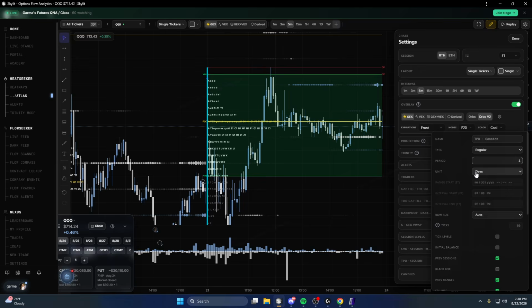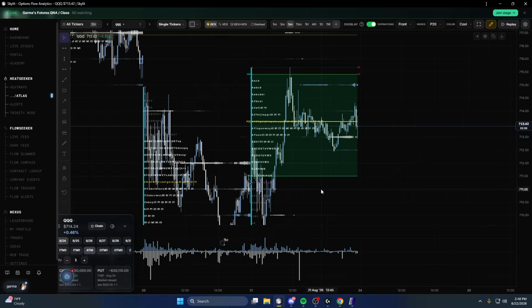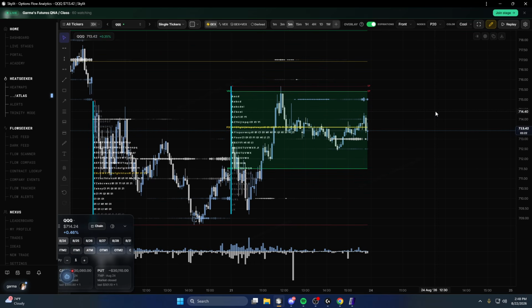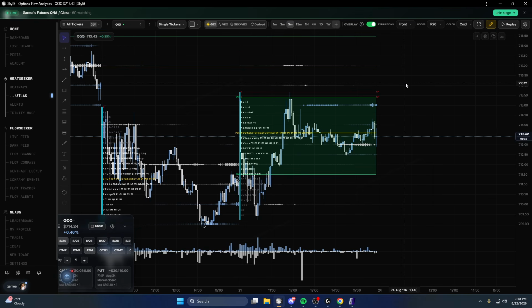All these are still being worked on. As it gets better and better, these are TPO charts, and it's the same thing as volume profiles, but with time. I value TPO charts more than volume profiles because you can't fake time.